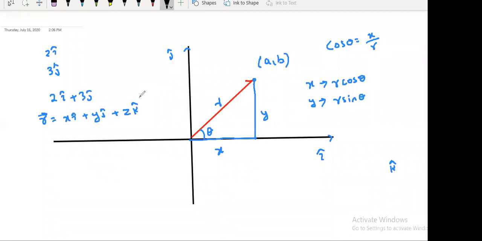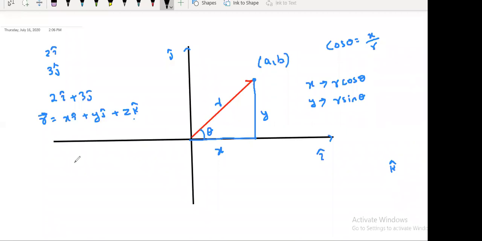Y axis is represented by j cap, and z axis is represented by k cap. So for 2 dimension, we represent 2 i cap plus 3 j cap. Suppose a point is in 3 dimension, so it is represented by x i cap plus y j cap plus z k cap.